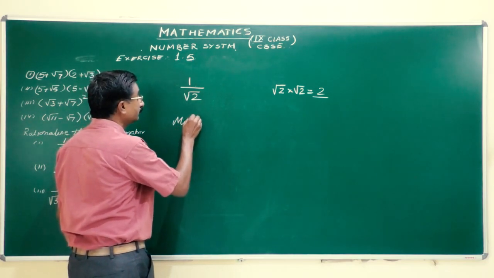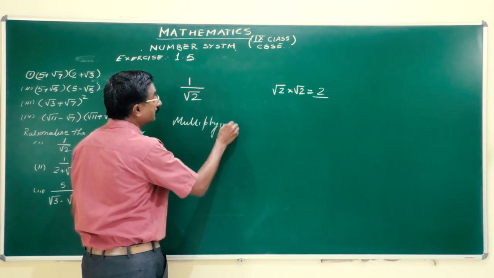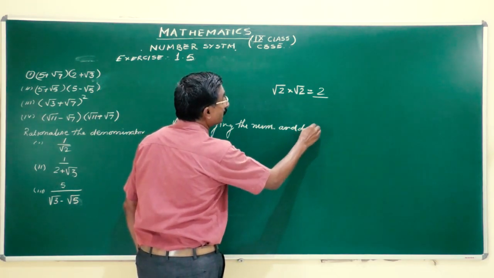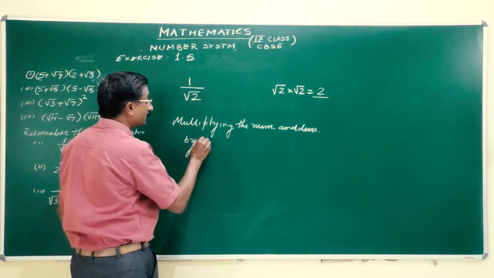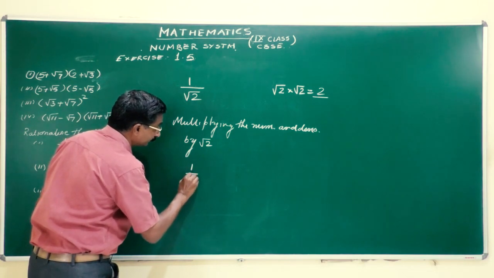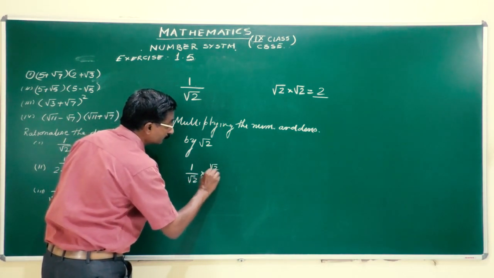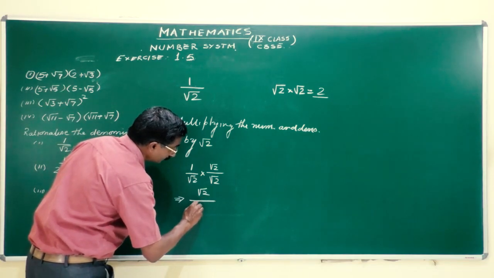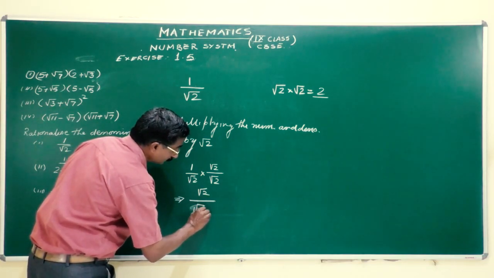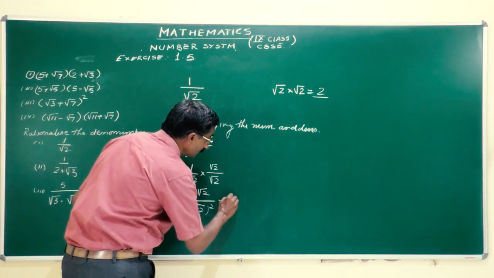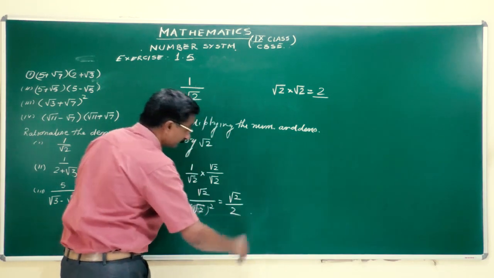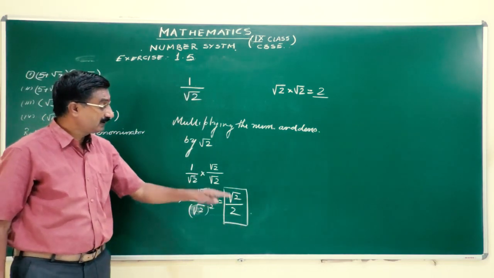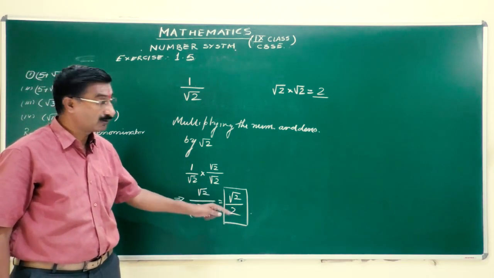So now 1 upon under root 2 is rationalized, under root 2 upon 2.